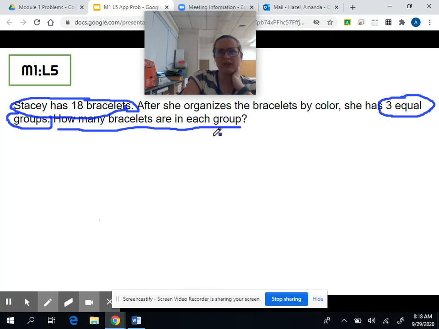So I want you to think, is this a multiplication problem or a division problem? Are we multiplying or dividing? If we have 18 bracelets, she organizes them into 3 equal groups, and now we need to find the number in each group, will we multiply or divide to find our answer? I'm going to give you 5 more seconds to think. If you need more time, you can hit pause.